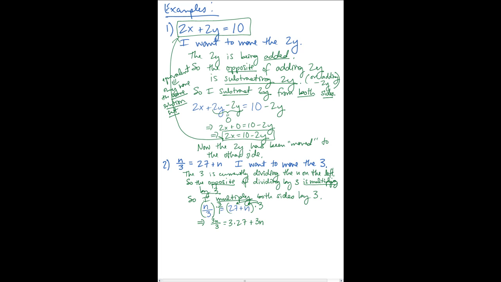So we get 3 divided by 3 is actually just 1. We get 1n equals 81 plus 3n. And then, of course, 1n is just equal to n. So we get n equals 81 plus 3n in this example. So we can see here what we've done is we've moved the 3 to the other side of the equation.